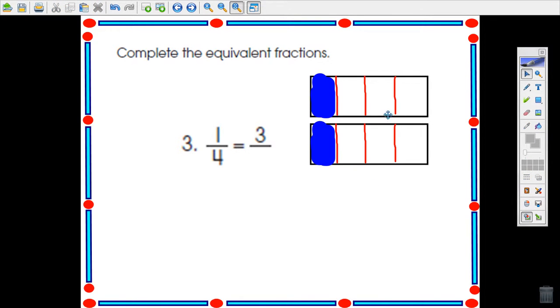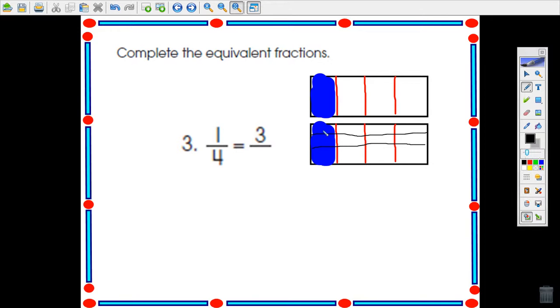Now, how would we make it so that we have 3 blue shaded in? Well, I could cut it going this way. Oh, yikes, that's too thick. I can cut it going this way. So now we have 3 blue shaded in.